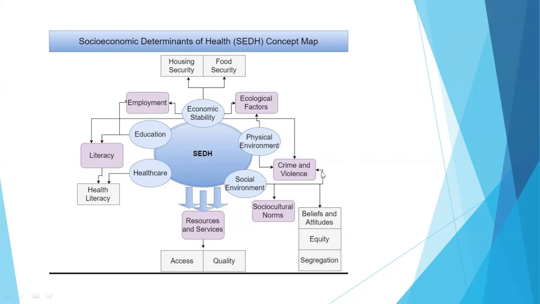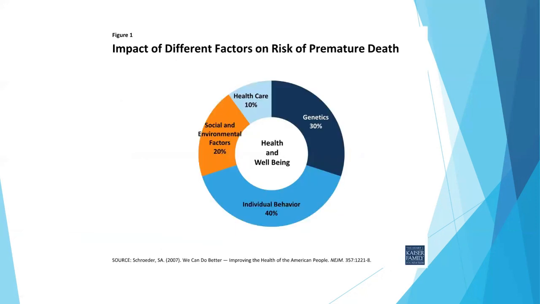In the physical environment, for example, crime and violence may impact the health of the patient. Then there are resources and services, like access to resources and the quality of the services that the patient is receiving, the healthcare, the health literacy, and the education of the patient. All of these play a very significant role in the health of the population.